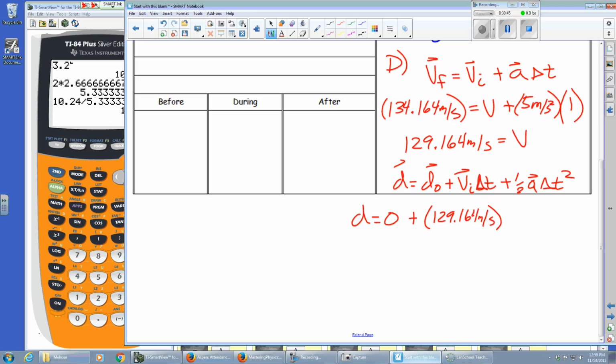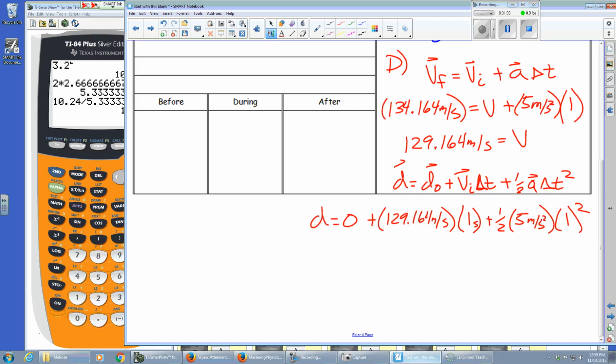I better move all of this over because I'm going to run out of space. My time is 1 second plus 1/2 5 meters per second squared times 1 squared.